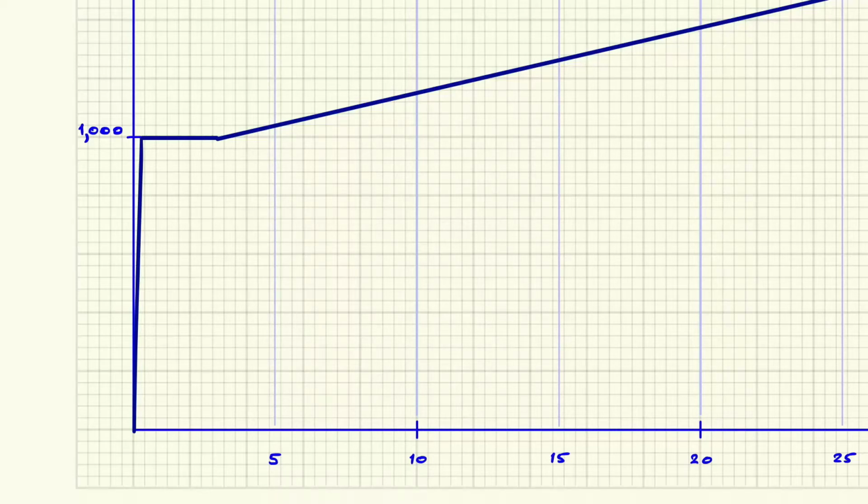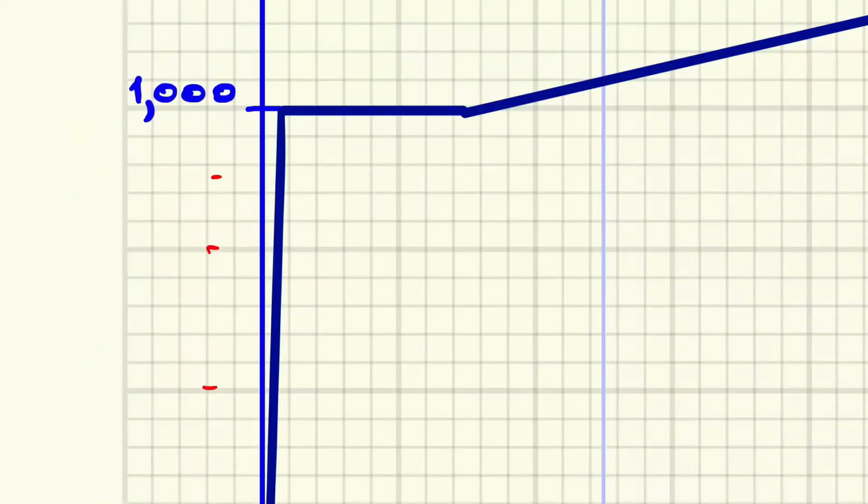So let's see, 1, 2, 3, 4, 5. This is 800. This is 900. We have increments like this, so 2.5 increments associated with 100. Then one increment is 0.4. Half an increment is 20. Okay, 920 is here.